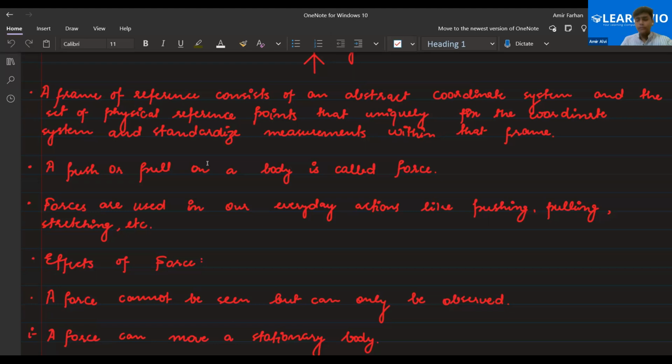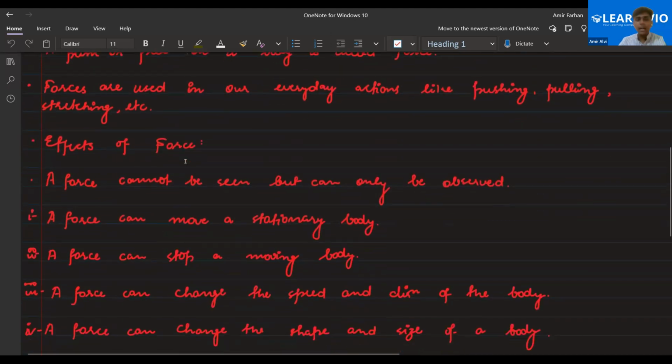Force is a quantity which is not visible, but it can be observed by our actions. Suppose you are pushing, pulling, twisting, stretching, breaking. These are the actions that we perform. In these actions, force is applied and force is observed, right, everyone?